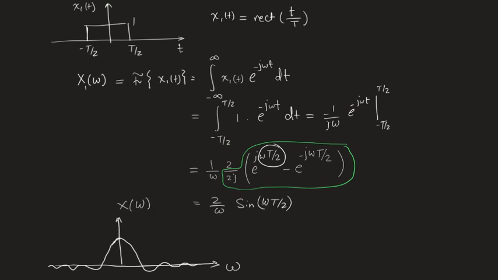Now again, we need to look at where is the first zero, second zero, and so on to figure out the locations of those, but that's easy. Whenever this whole argument is a multiple of pi, so pi, 2 pi, 3 pi, 4 pi, and so on, you encounter what?